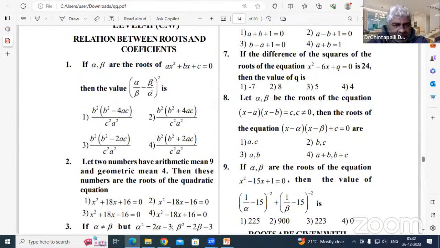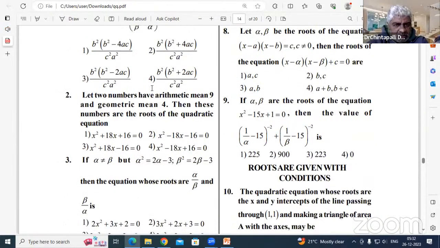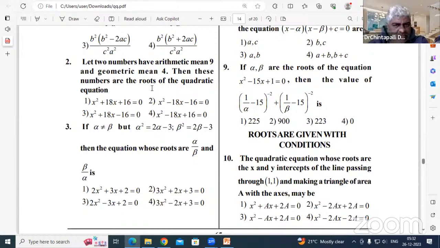See, same question. Alpha beta, the equation whose roots are alpha by beta and beta by alpha.